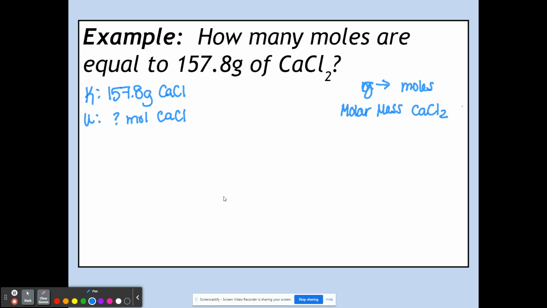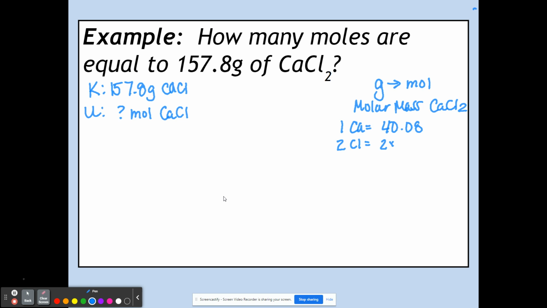Remember, we do that by looking at our periodic table. So we have 1 calcium. Calcium's molar mass is 40.08. And then we have 2 chlorines. Chlorine's molar mass, we need 2 times 35.45.